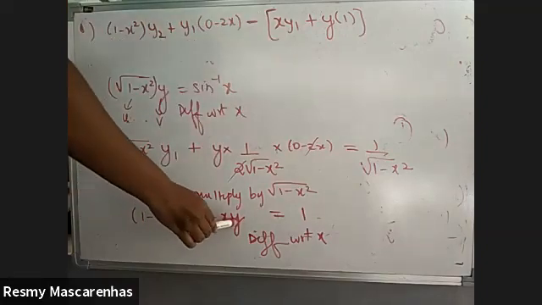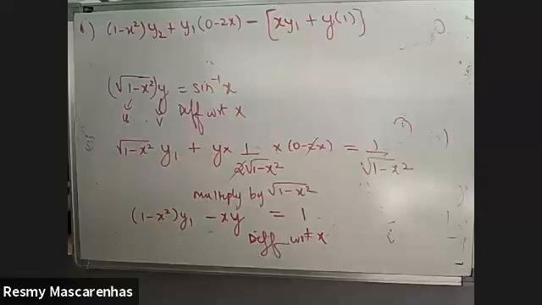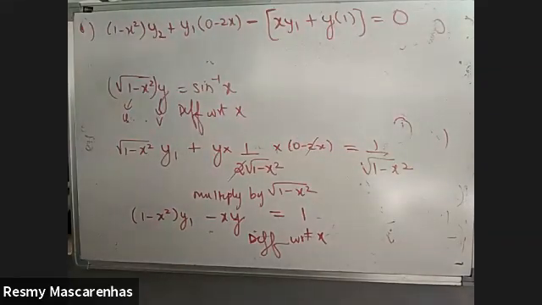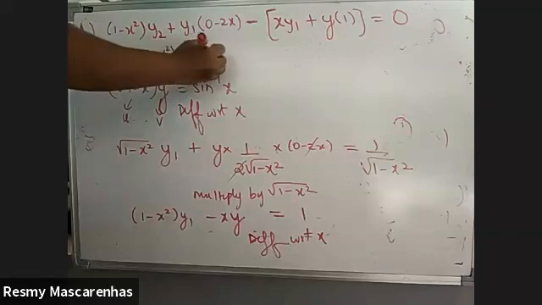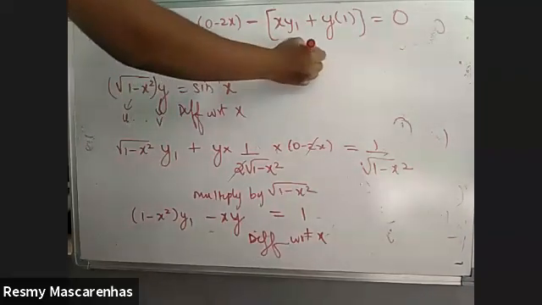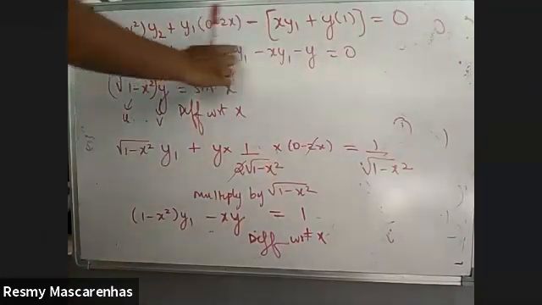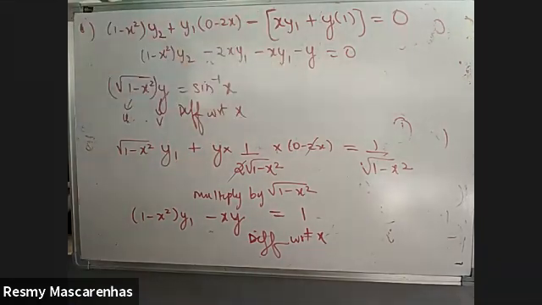But if it's minus, when you're applying u into v, put it in the bracket. And then derivative of 1 will be 0. Now simplify. And that will be asked, whatever is asked in the question you will get. So this will be minus xy1 minus y is equal to 0. This and this similar terms, minus 2 minus 1 will be minus 3.